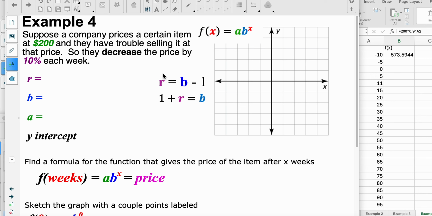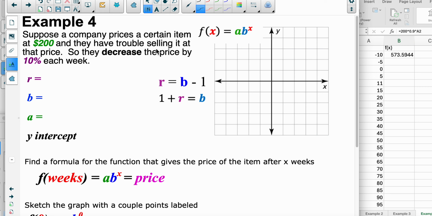This is Math 110, Section 3.2, Example 4 from the notes. We have another word problem here, and it says, suppose a company's price for a certain item starts at $200.